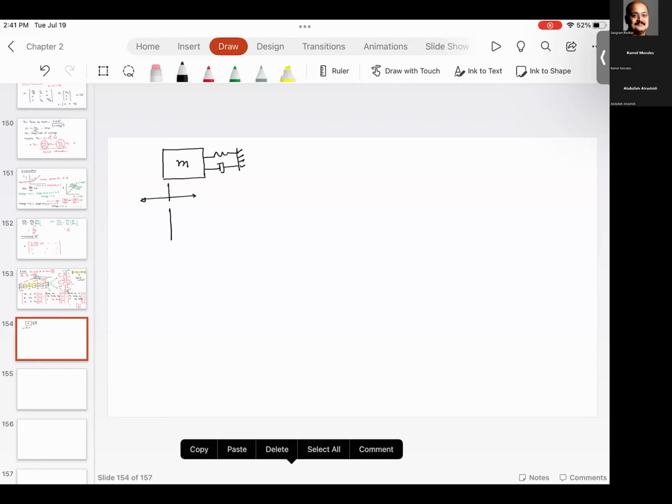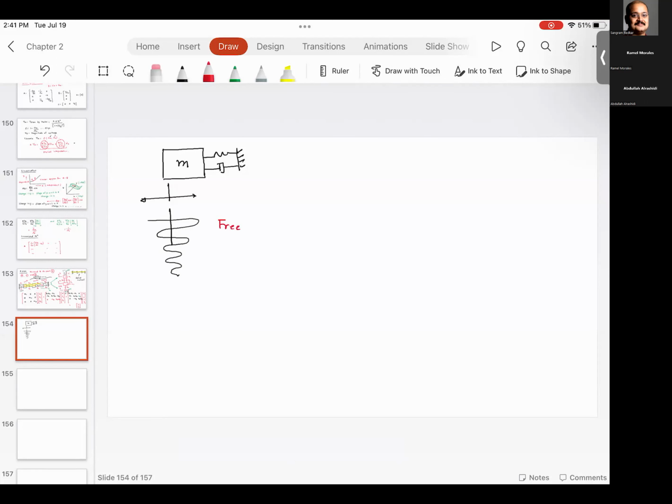We pull the mass out and let it vibrate. So basically what happens is you get a sinusoidal displacement which decays. So this is called the free response. But many a times what you have is an excitation force, F cosine omega t, that is acting on the system.